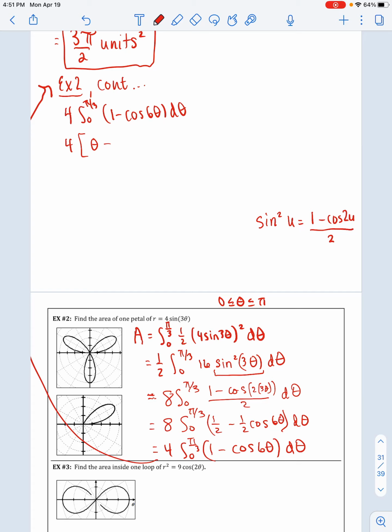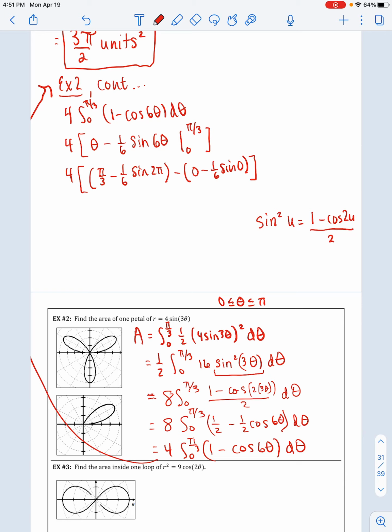This is going to be theta minus 1/6 sine of 6 theta, from 0 to pi over 3. And now putting pi over 3 in, 6 times pi over 3 is 2 pi.